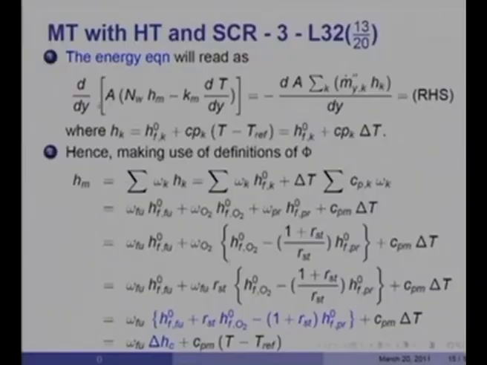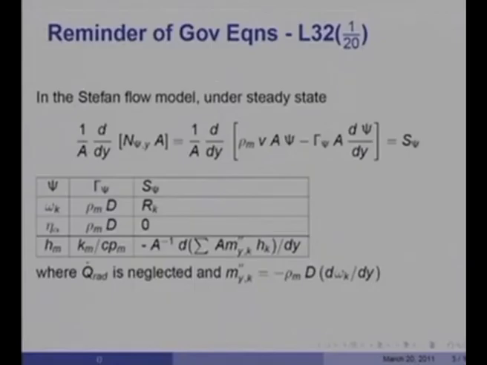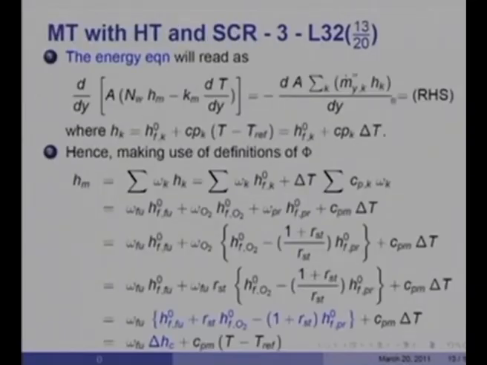So, now we would have d by dy of A n_w h_m minus k_m dT/dy equal to d of the diffusion mass transfer of dy. You remember from slide 1, this is the right hand side, and this is the energy equation that I am writing now.